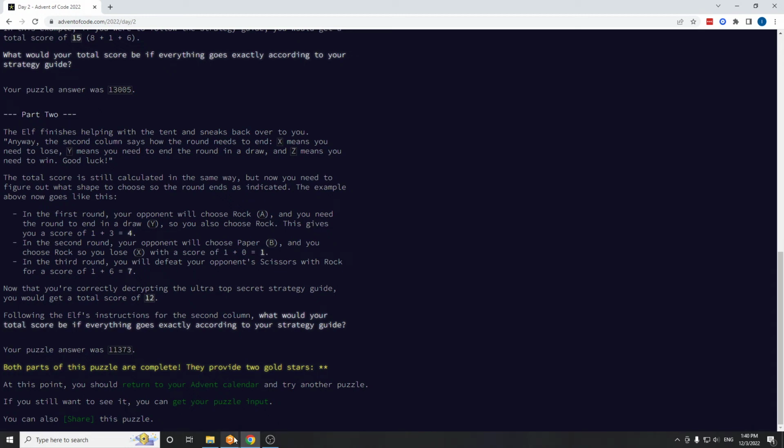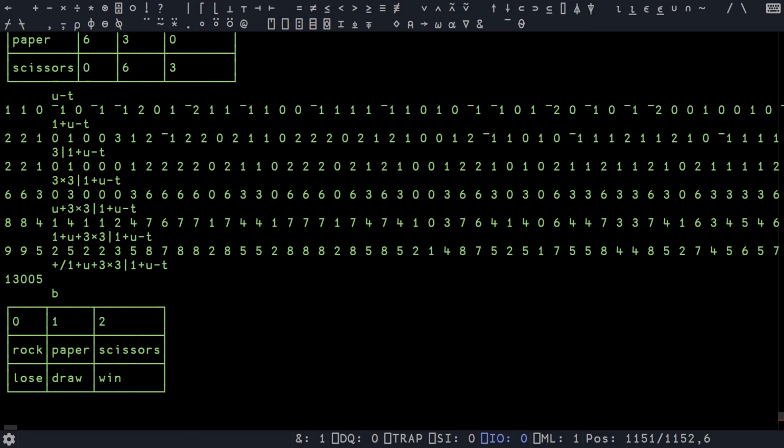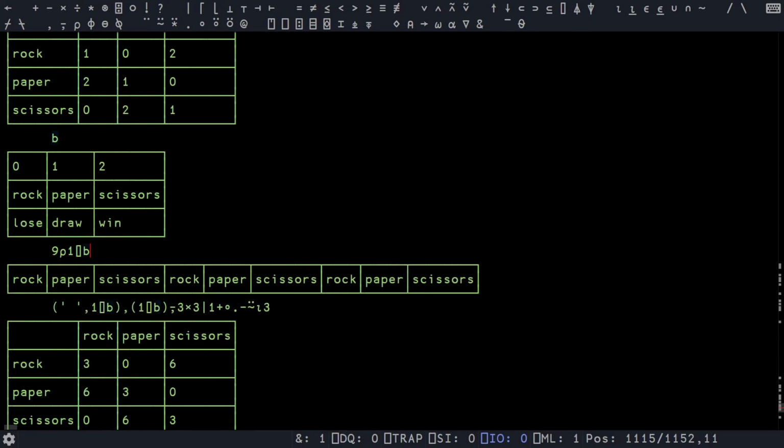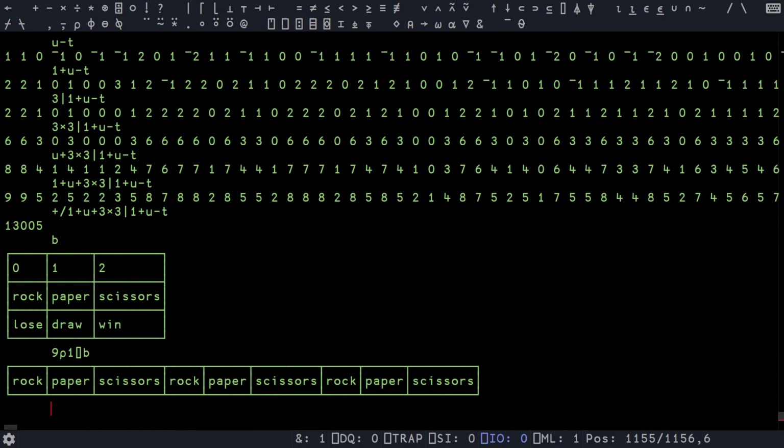Okay, so if we look at this again, let's say that they throw paper and we want a draw. So paper is 1, and if we want to draw, we just keep the same value. So we would also want to throw a 1.